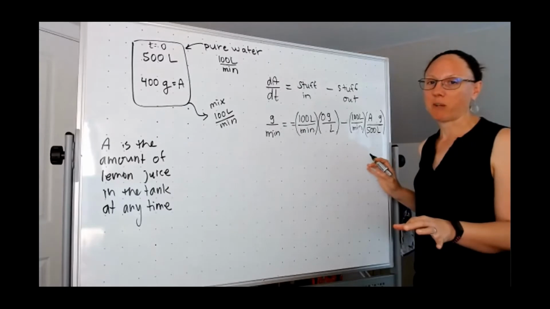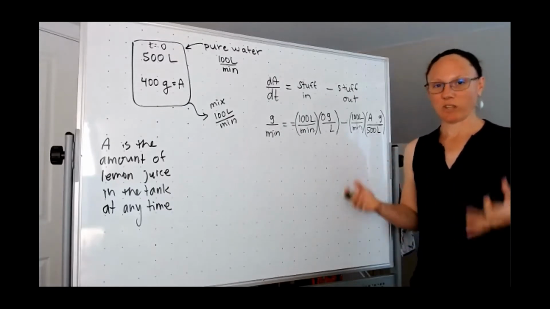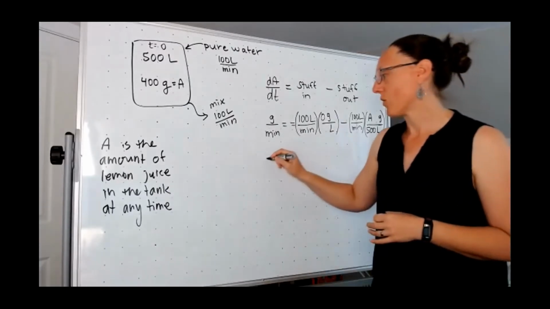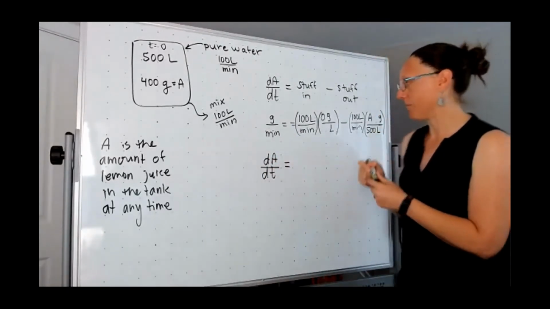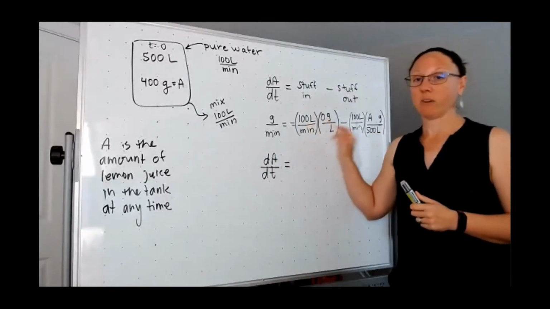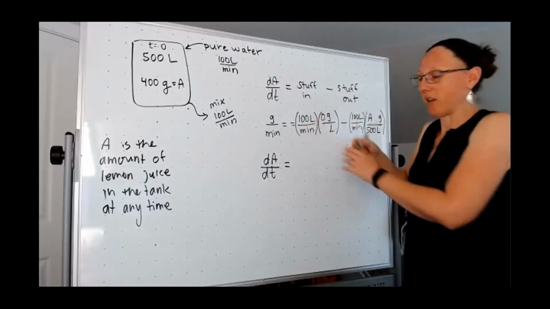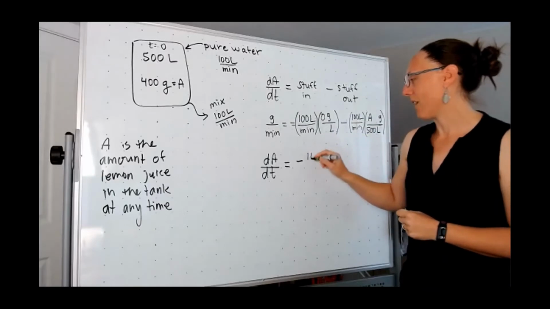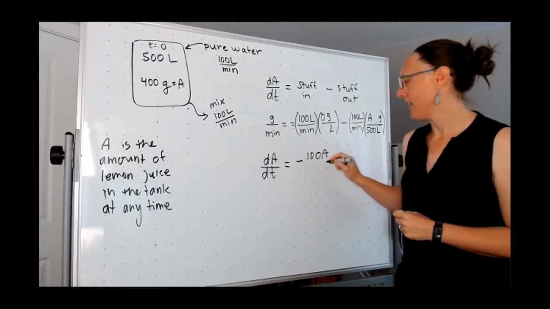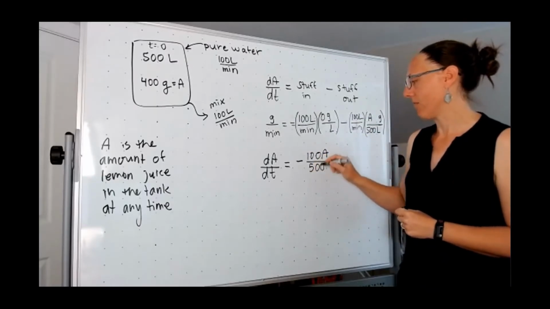After I've made sure all of my units work, then I get rid of the units so we can just focus on the math. So this would look like dA/dt is equal to, well, 100 times 0 is 0. So I'll have 0 minus, over here, 100A divided by 500.